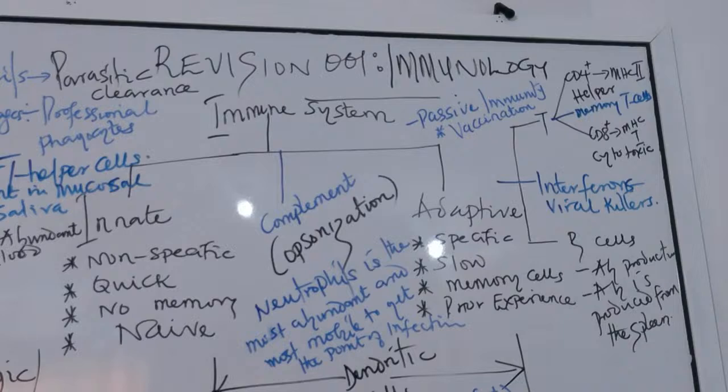We have the kind of protection that is offered as the cellular, and that cellular consists of the T lymphocyte as well as interferon. And we are talking of T lymphocyte, we have three different categories. We have T helper cells with the antigen presenting cell, the CD4, which is actually very present on MHC class 2.